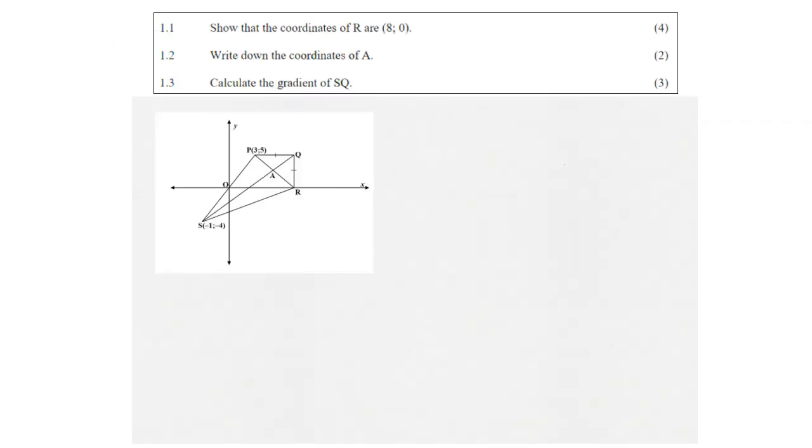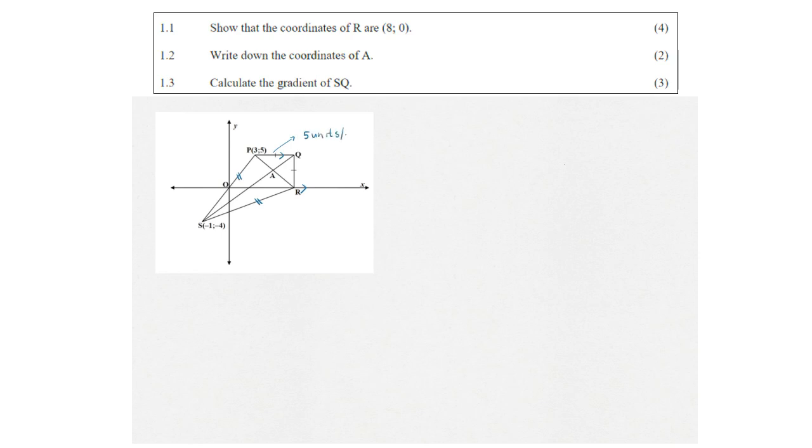In the question, they give us that PQRS is a kite and that PQ is equal to QR and PS is equal to RS. Then Q is a point such that PQ is parallel to the x-axis and PQ is equal to 5 units.